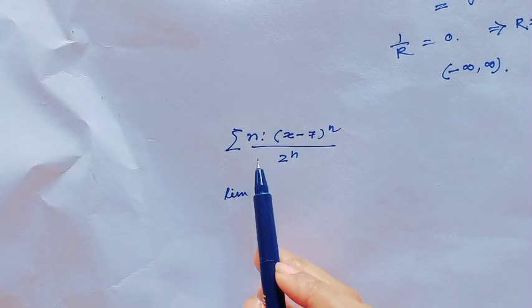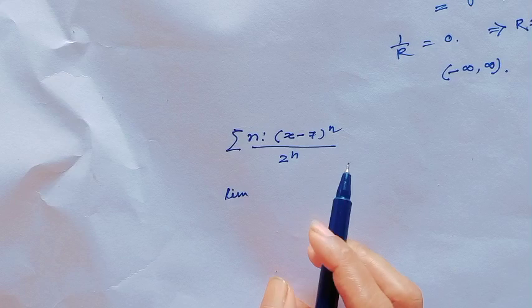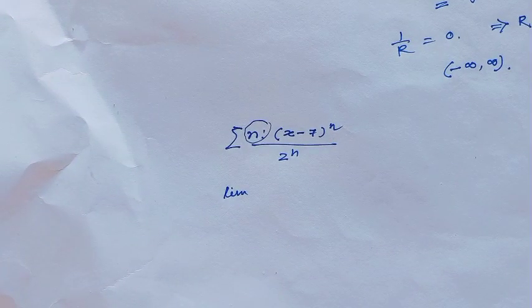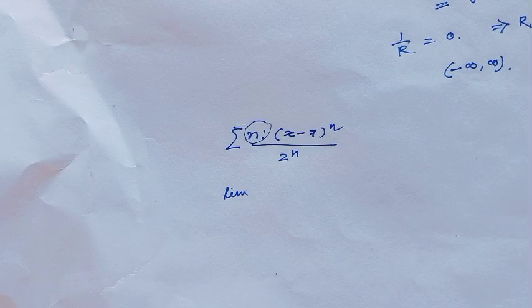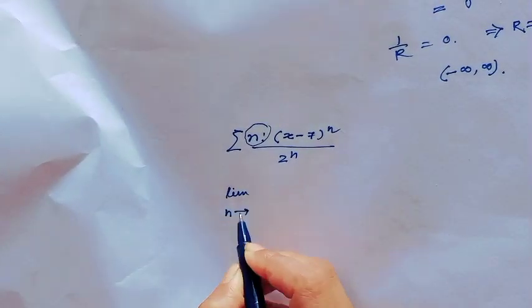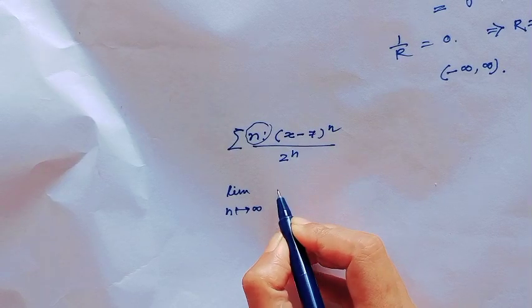Similarly, I will see another question. Notice here the series is n factorial times (x minus 7) to the power n over 2 to the power n. Here also n factorial. So actually here I will use which test? Ratio test. See this question also. The limit as n tends to infinity of a n plus 1 over a n.